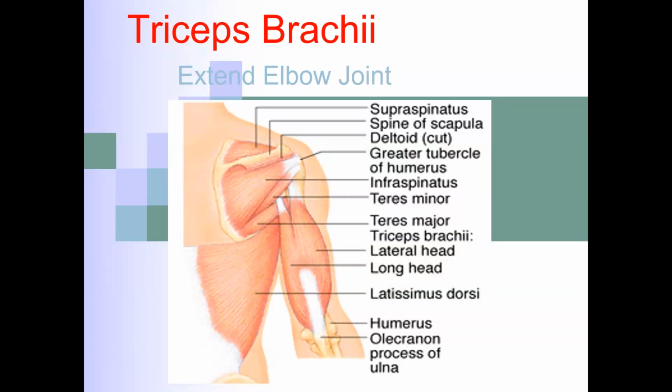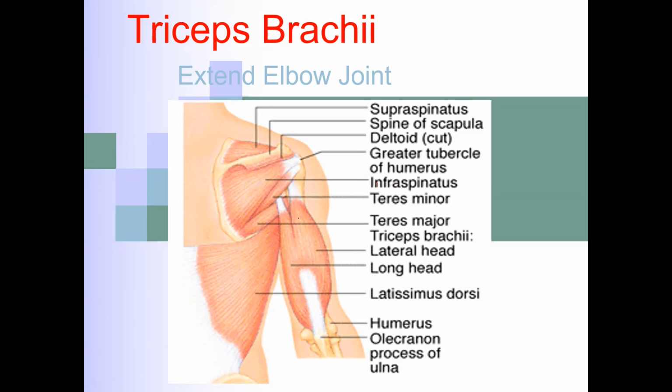We already spoke about why biceps is bi. So why is the triceps tri? It's going to obviously have 3 points of origin. Okay? So triceps brachii has 3 points of origin.